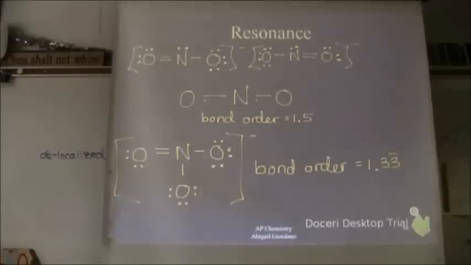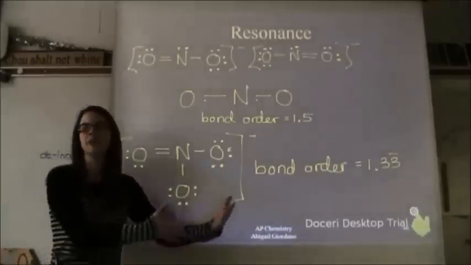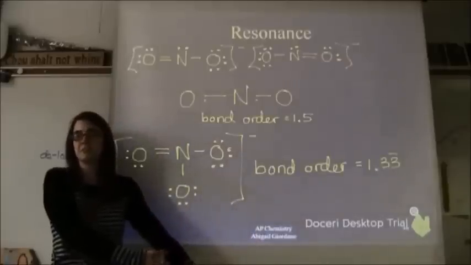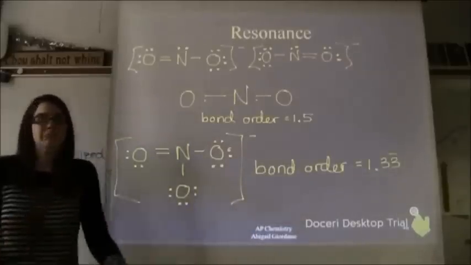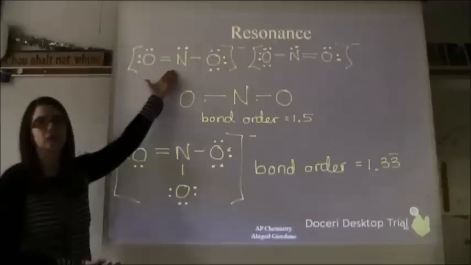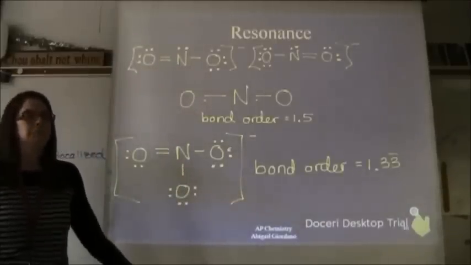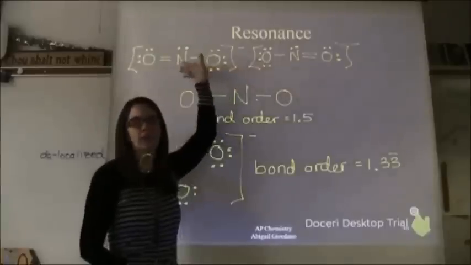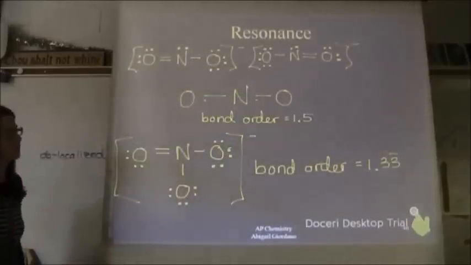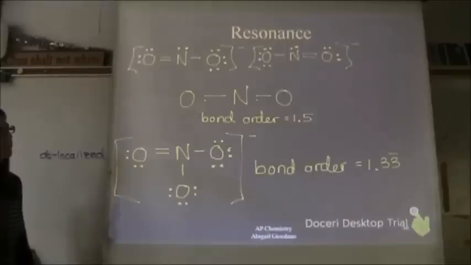You only have to draw them out if it's a question that has something to do with resonance. If you were answering a question that just says, draw nitrite and tell us what shape it is, you don't need to draw both of them. That has nothing to do with resonance.